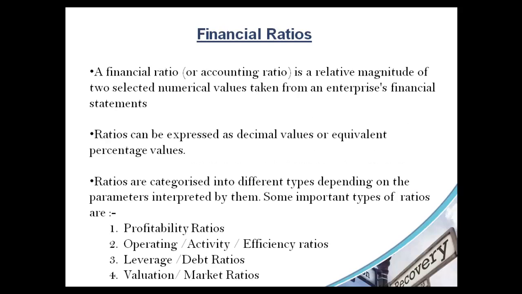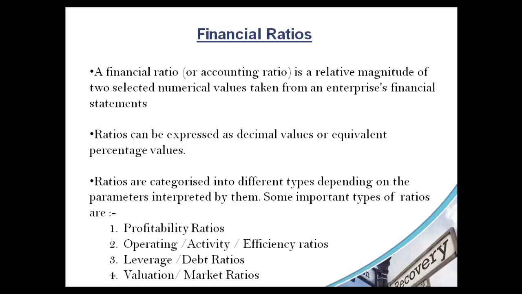Financial ratios. A financial ratio or accounting ratio is a relative magnitude of two selected numerical values taken from an enterprise's financial statements. Ratios can be expressed as decimal values or equivalent percentage values. Ratios are categorized into different types depending on the parameters interpreted by them.